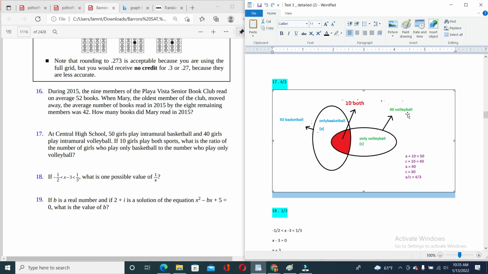Look at this diagram. We denote the girls who play only basketball as A, and the girls who play only volleyball as C, as written here.